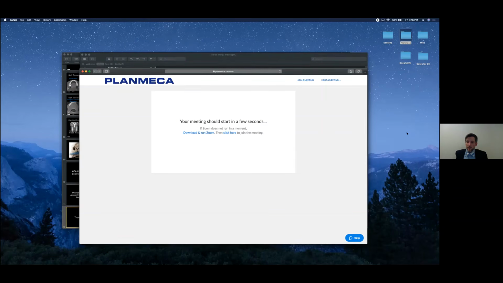And I'll talk about this again on Monday, but cone beam doses vary widely. There's a very large range, and it is because of several different factors. One of them being the manufacturer or the company that makes the machine.